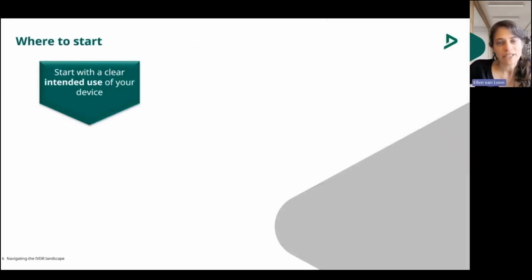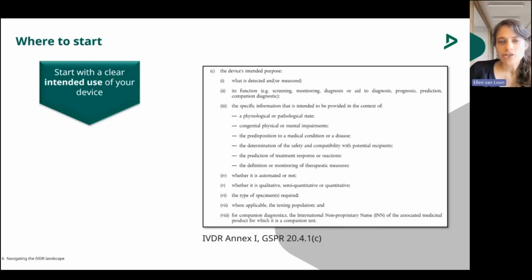So we have now this big IVDR and these rules, but where should you start? Our advice would be to start with a clear intended use of your device. In the IVDR Annex 1, GSPR 20.4.1c, it is described what should be present in the intended purpose.